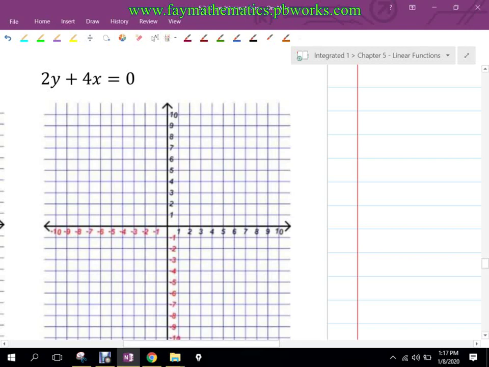We need, and this is where chapter 2 comes into play. We can't graph this. This is not in a y equals mx plus b form yet. So I'm going to put a box around that. I want to get 2y by itself. So what do I need to do to get 2y by itself? I could divide by 2.